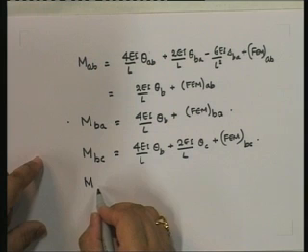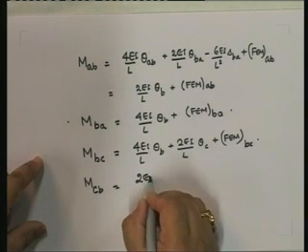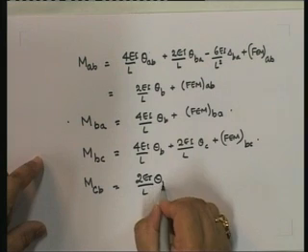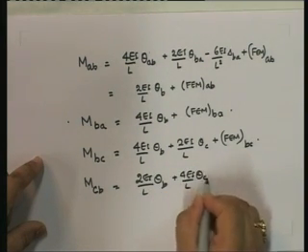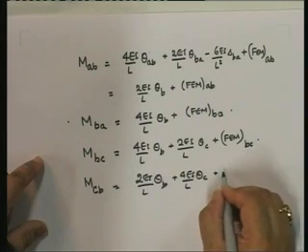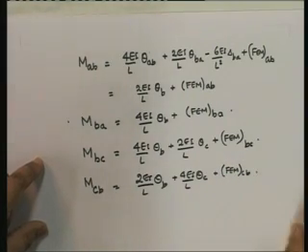And similarly, MCB is equal to 2 EI by L theta B plus 4 EI by L theta C plus fixed end moment at CB.